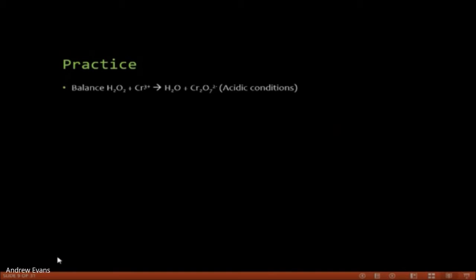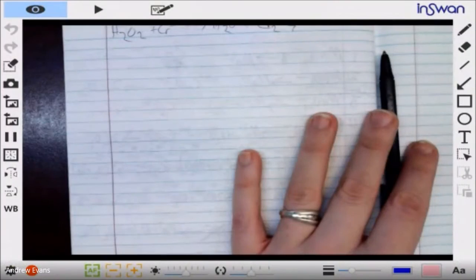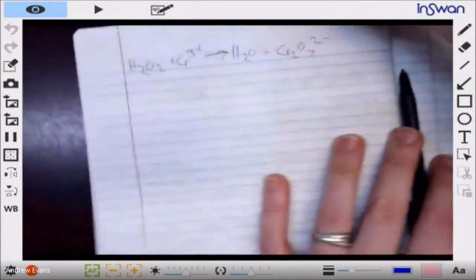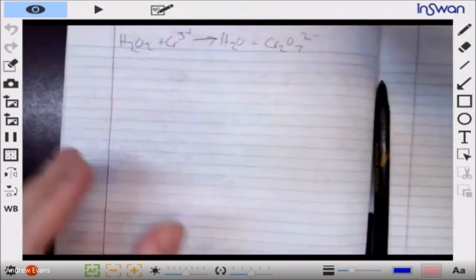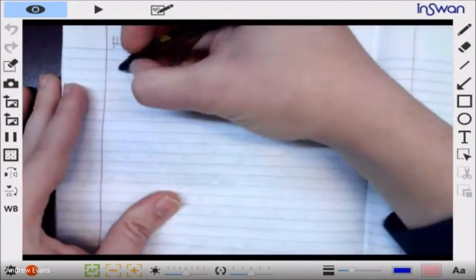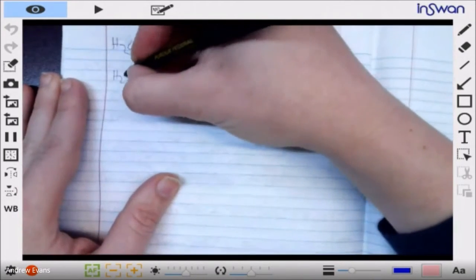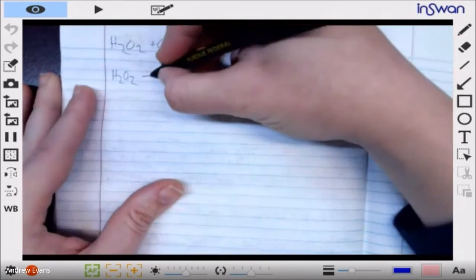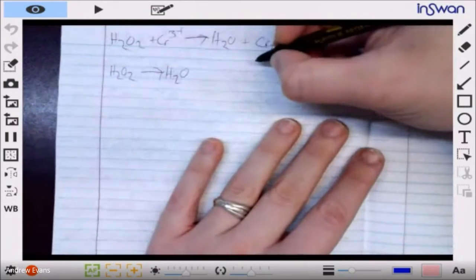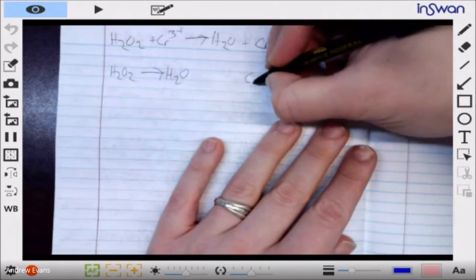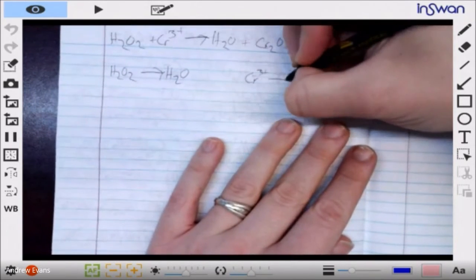I'm just writing this down so I can better do this. Step one is to split this apart. H2O2 goes to water, and chromium goes to dichromate.